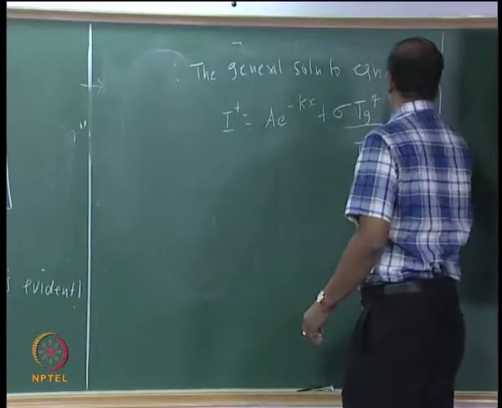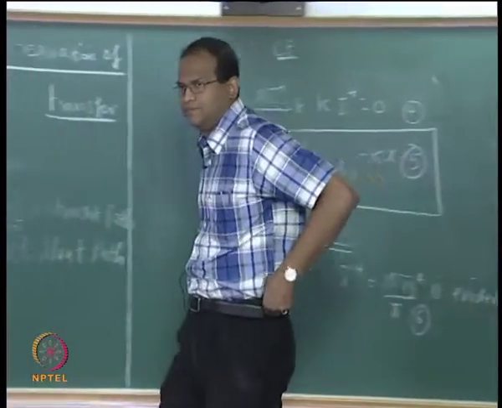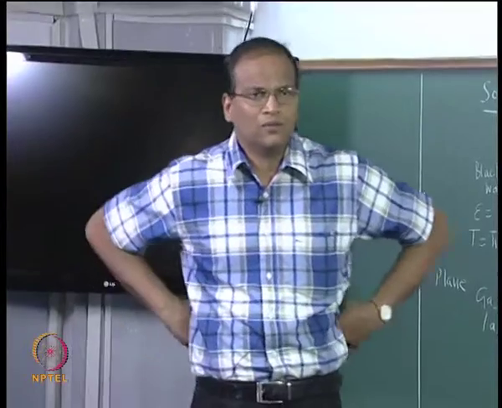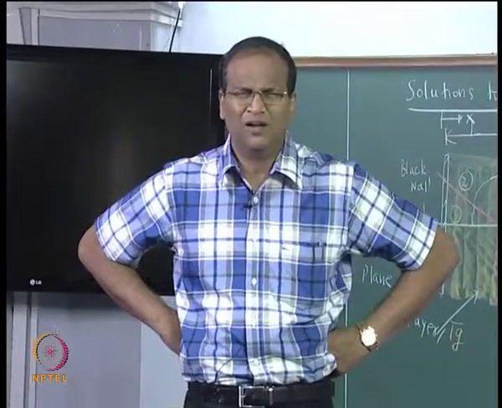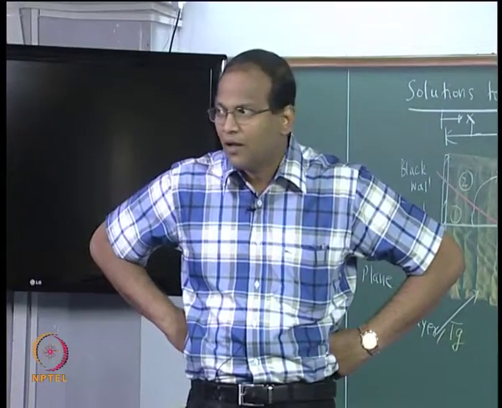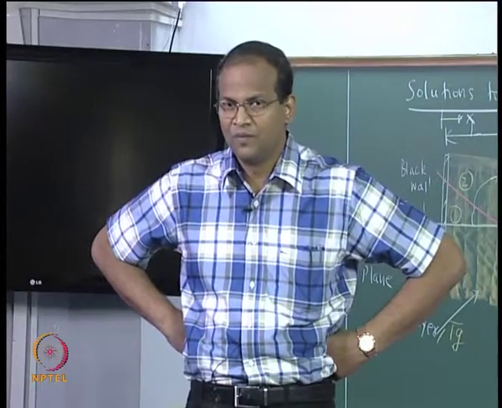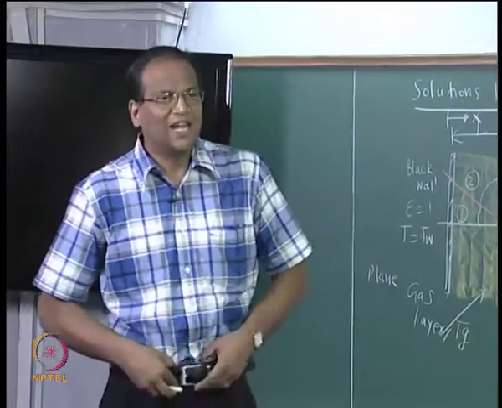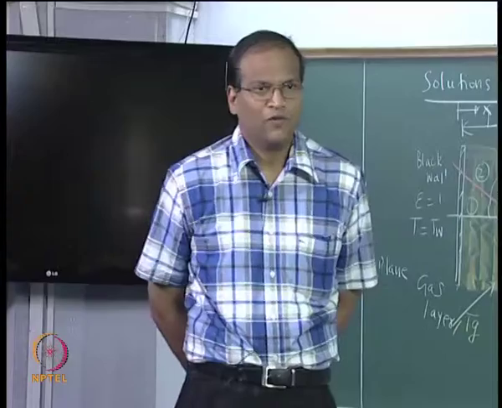Huh? How do you get A? What is I at x equal to 0? It is not sigma Tw to the power of 4. Be more accurate. I am not talking about E. By pi. Okay. At x equal to 0, I is basically that is originating from the wall. We are looking at this story.